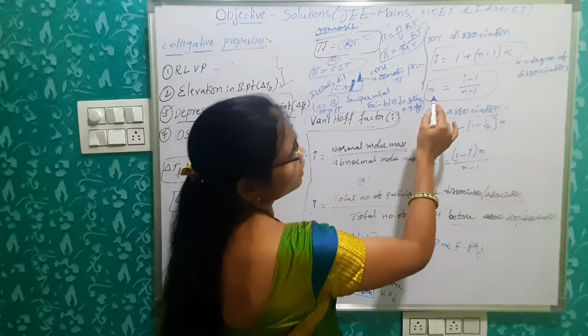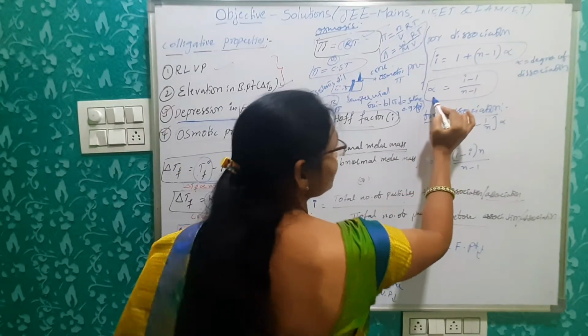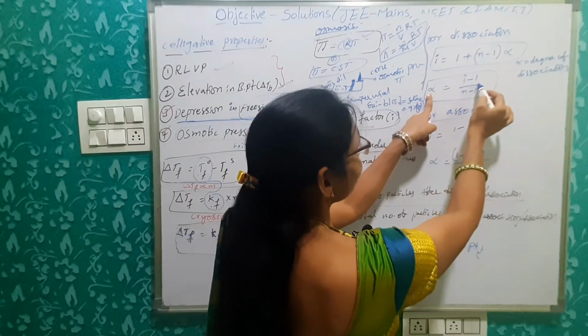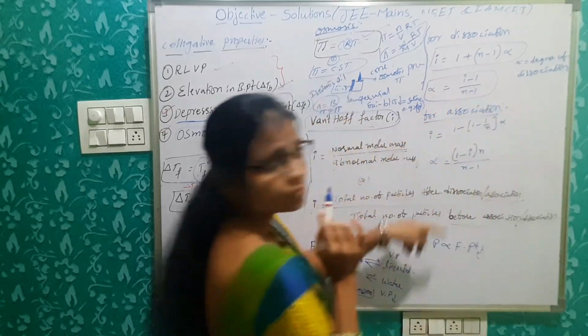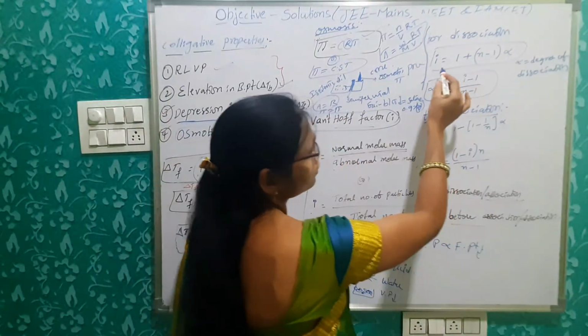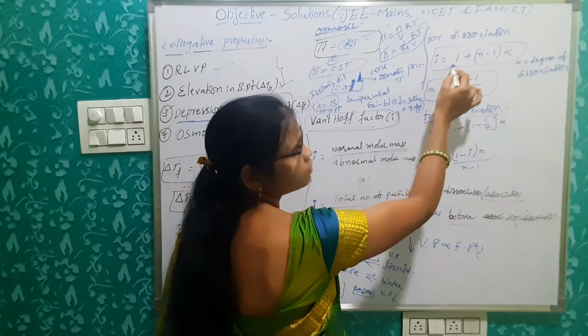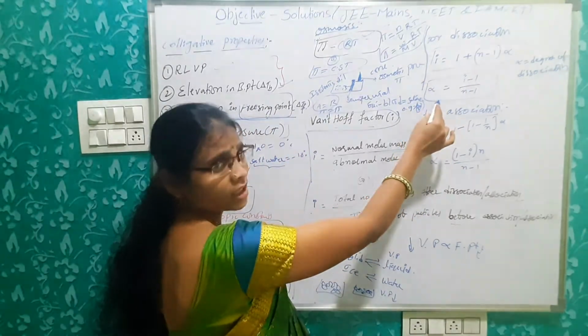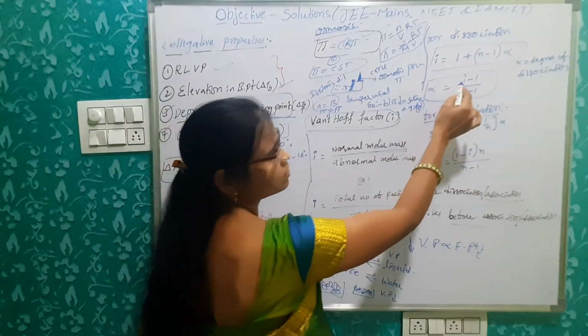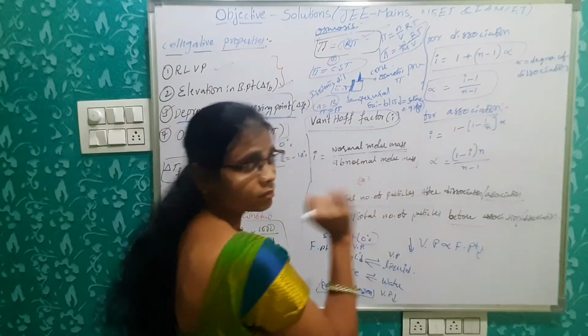Now alpha, by this formula, alpha is equal to (i minus 1) by (n minus 1). Suppose we want to calculate the i factor, we can use this formula. If we want to calculate the degree of dissociation, we can use alpha is equal to (i minus 1) by (n minus 1).